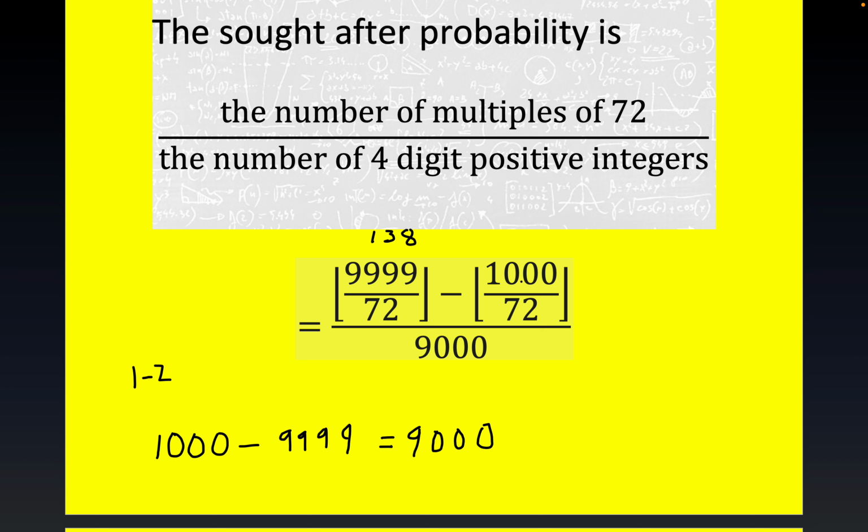But we have to subtract off the ones less than 1,000, so we have minus 13 here. And so what I ended up with is 125 over 9,000.